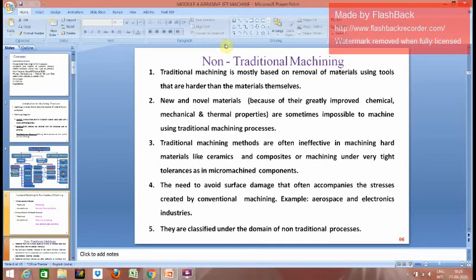Traditional methods are often ineffective in machining hard materials like ceramics and composites, or machining under very tight tolerances as in micro machine components. The need to avoid surface damage that often accompanies the stresses created by conventional machining, for example in the aerospace and electronics industries, is also classified under the domain of non-traditional processes.